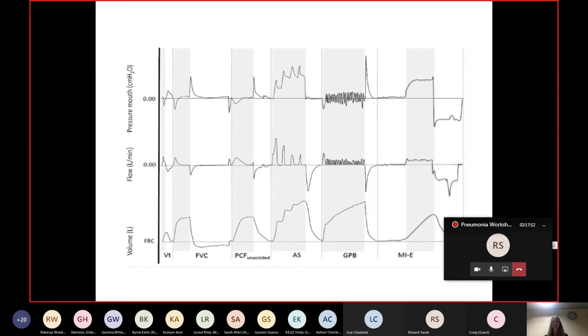It shows you nicely that it's the only one of the techniques that does go into negative pressure on an outward breath. Going up to the next level, we can see your flows there. If you go back to your AS, which is your stacked breaths, you can see with each breath that has been taken the spikes in volume. And then if we move along to the MIE, you can see that slow, steady flow.